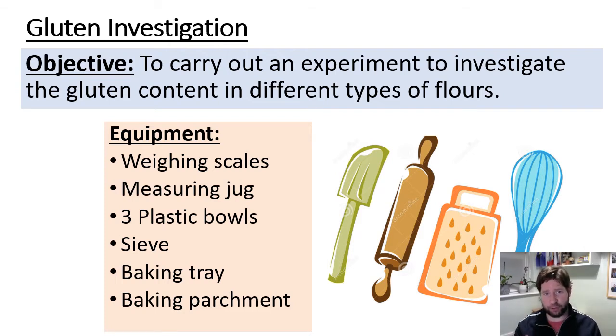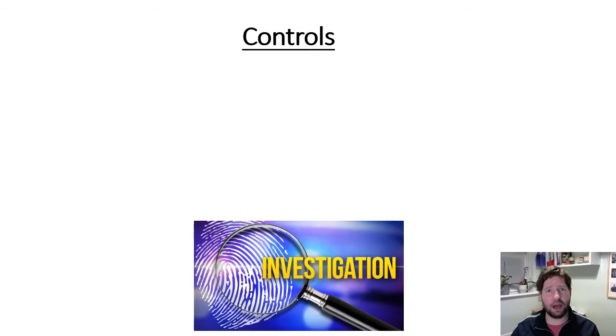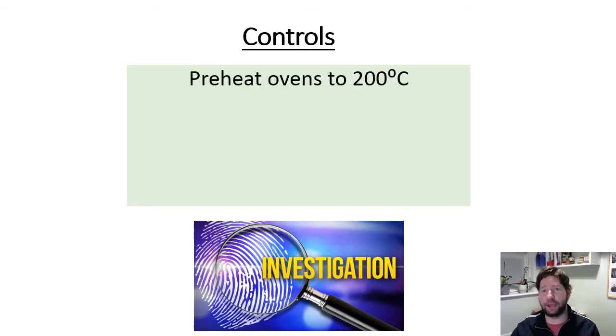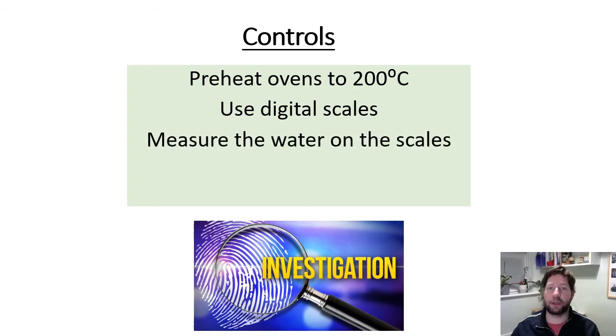The equipment I used: weighing scales, measuring jugs, plastic bowls, sieve, baking tray, baking parchment. The controls that I used: I preheated my oven to 200 degrees. I used digital scales because they're a lot more accurate. I measured the water on the scales and the flour on the scales.